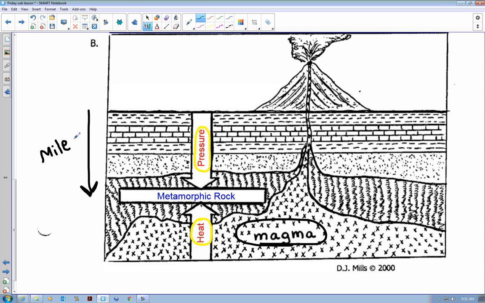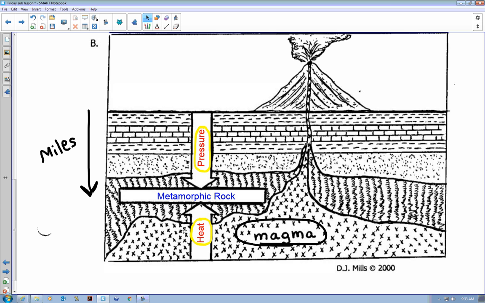And if you think about what that means, the weight of rock overlying for miles is going to be incredibly powerful and strong. And that downward pushing force generates a squeezing pressure on those rocks. In addition, from underneath, the deeper you go, the hotter it gets. So from underneath, we're going to have magma that's pushing its way upwards and providing a heat source.